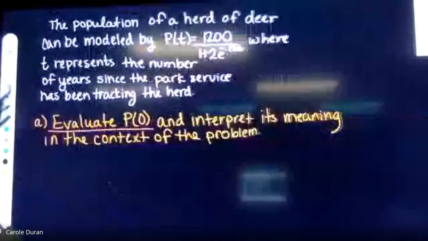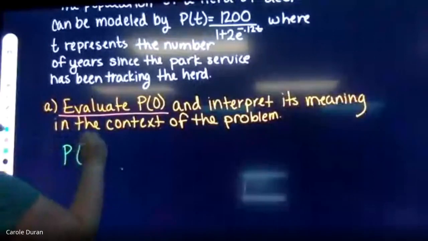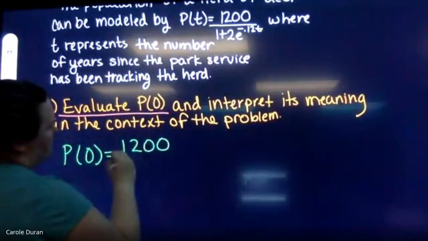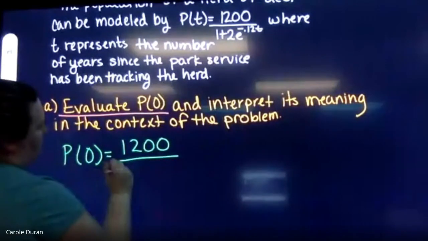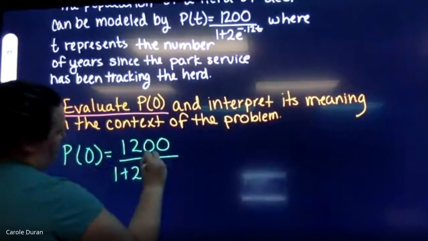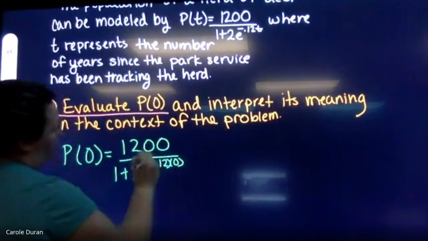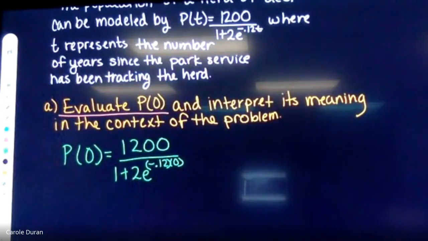So the first thing I'm going to do is write that P equation, substituting 0 in for t. Which leaves me with 1200 over 1 plus 2e to the power of negative 0.12 times 0. Then I just start to simplify it. What's negative 0.12 times 0? 0.